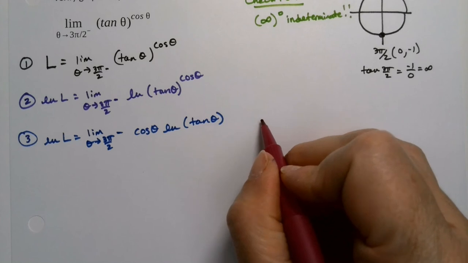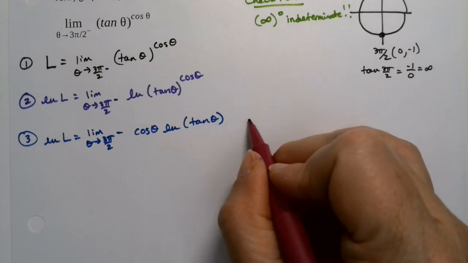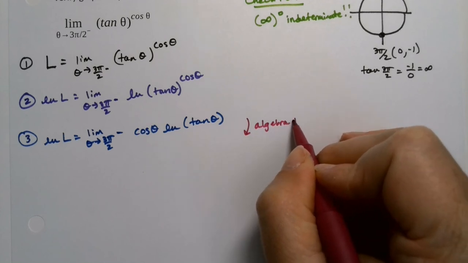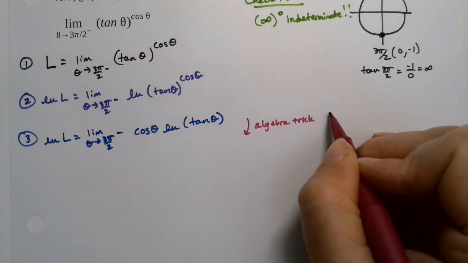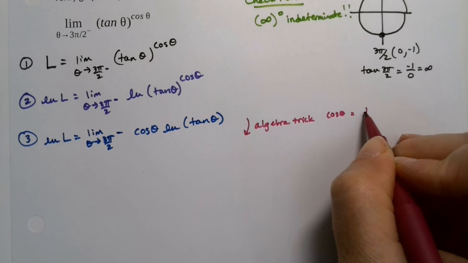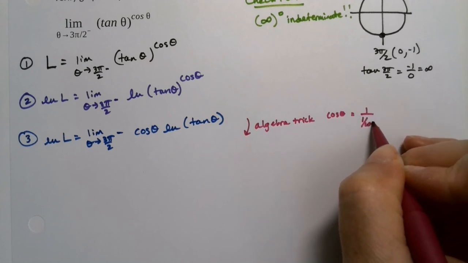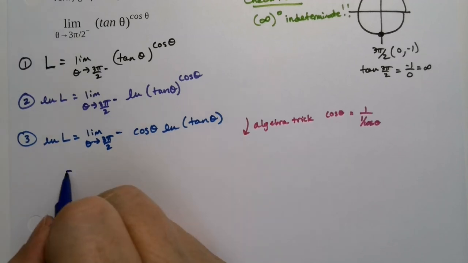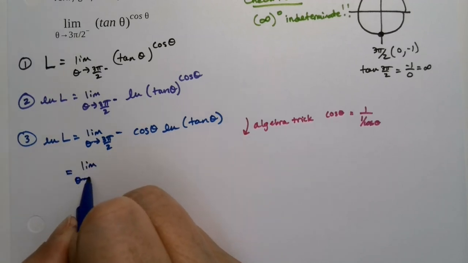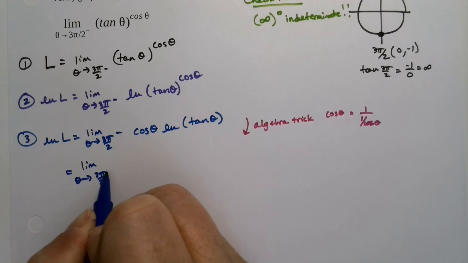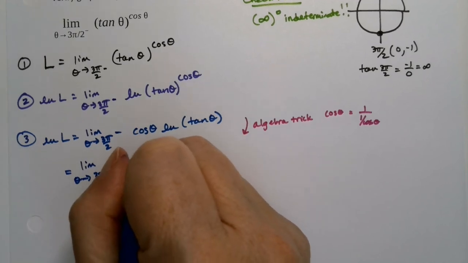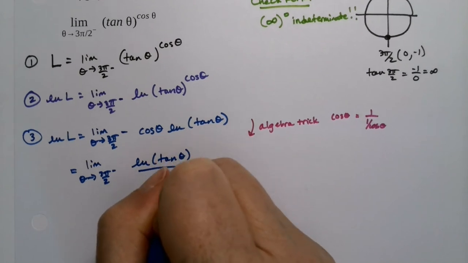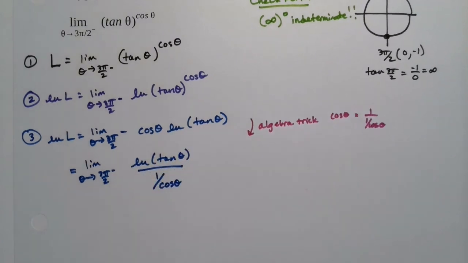So I'll just make a little note. Algebra trick. It's an algebra trick even though it's with cosine, which is that the cosine of theta is 1 over the cosine. We keep doing it with x, but you can actually do it with kind of anything. So this is equal to the limit as theta goes to 3 pi over 2 from below of the natural log of the tangent of theta over 1 over the cosine of theta.